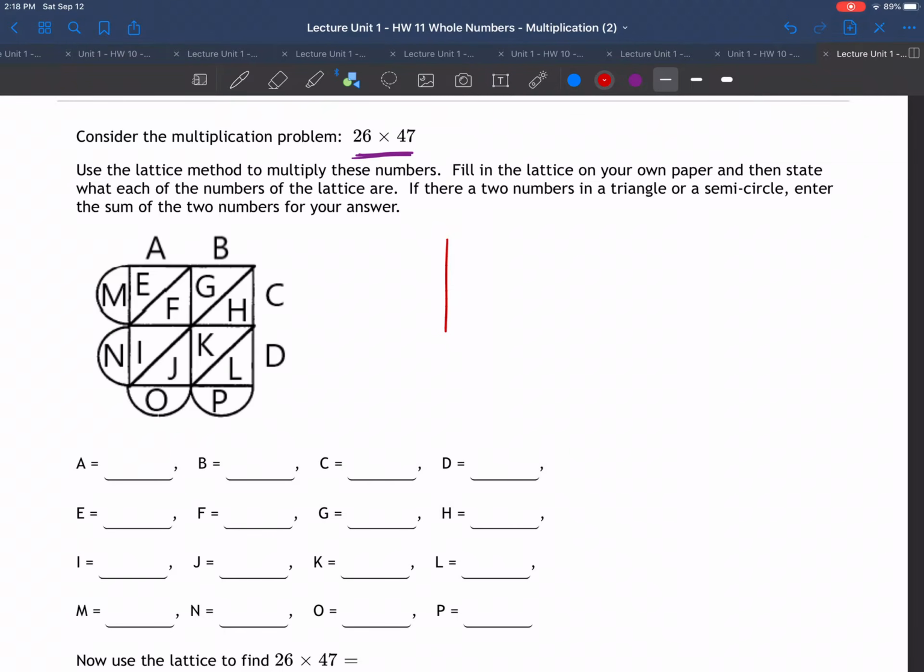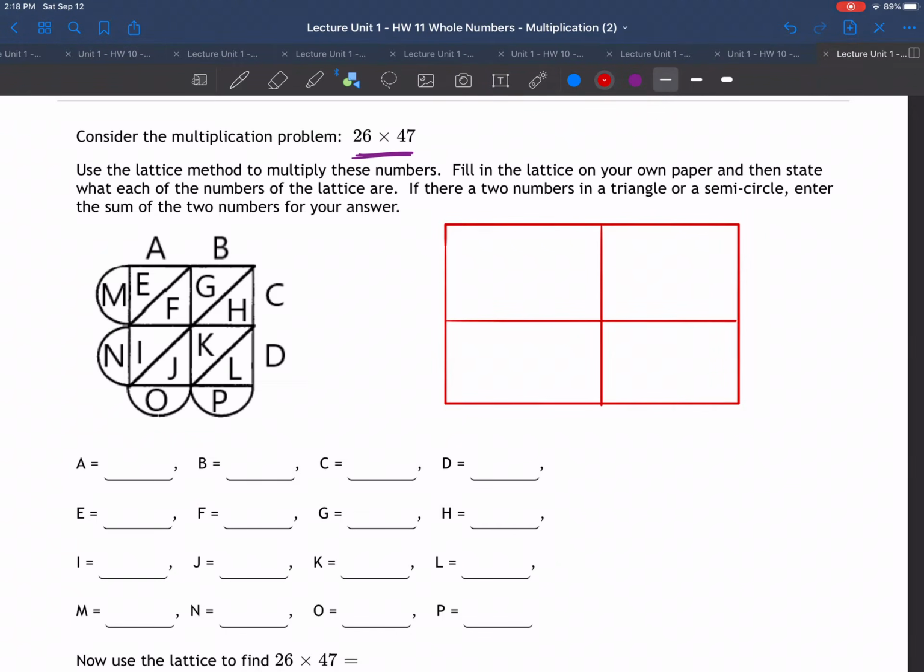I'm going to make a big lattice array here, and what that means is I'm going to make 2 by 2 boxes, and I'm going to put in this diagonal here. Whoops, that did not look so good, did it?